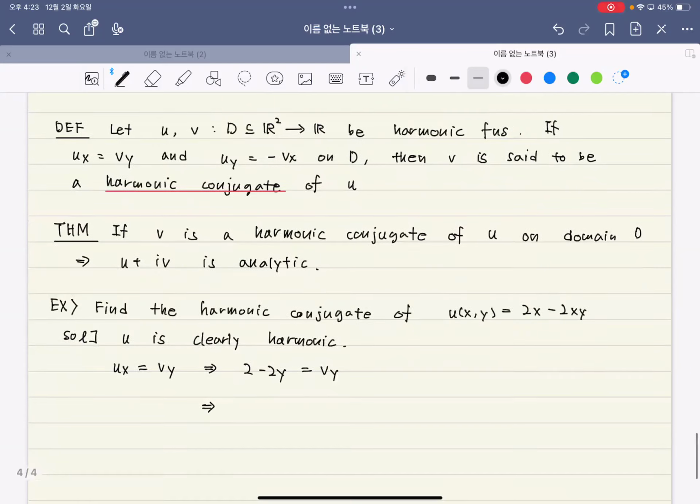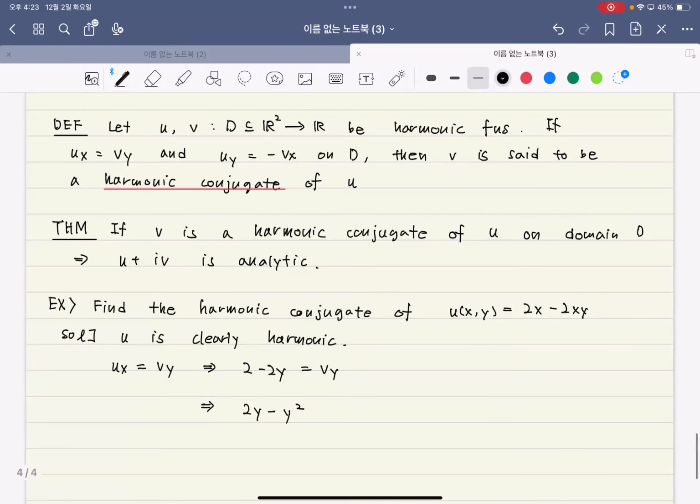If you take the indefinite integral of both sides with respect to y, then v is 2y minus y squared plus some integration constant. Since this constant may depend on x but not on y, this is our best candidate for the harmonic conjugate of u.